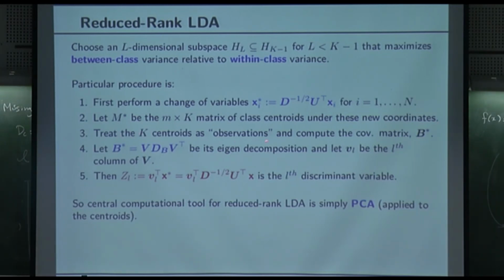Treat these centroids as observations and compute a new covariance matrix. Take its eigen decomposition and use the largest eigenvalues. So Z_L, which is V_L transpose x star, is the Lth discriminant variable. The central computational tool for reduced rank LDA is simply PCA applied to this matrix of centroids.